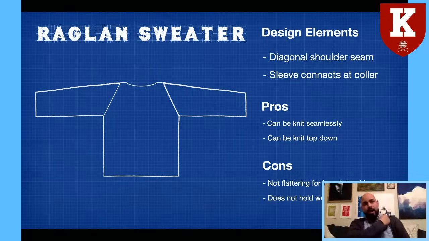And so when you bind two pieces of fabric together, you do get this extra structural element that allows the sweater to hang nicely on the body.